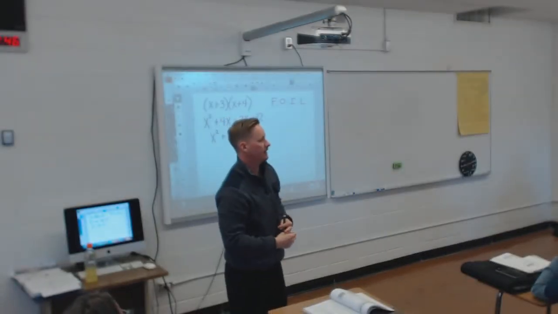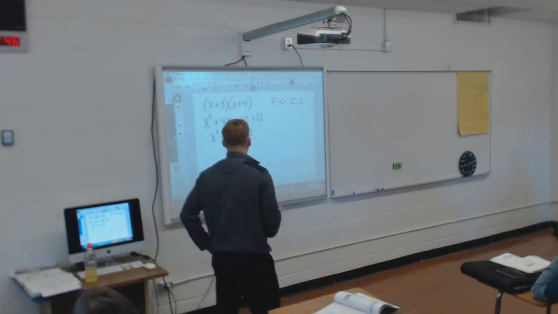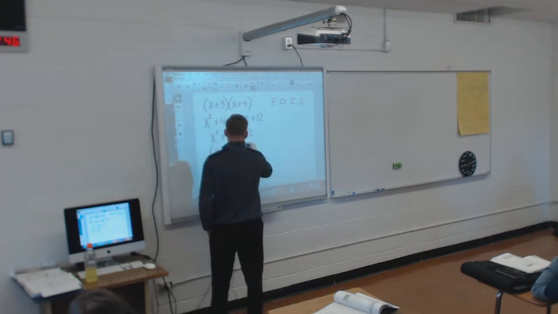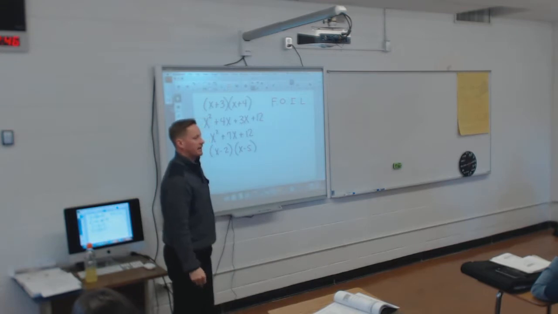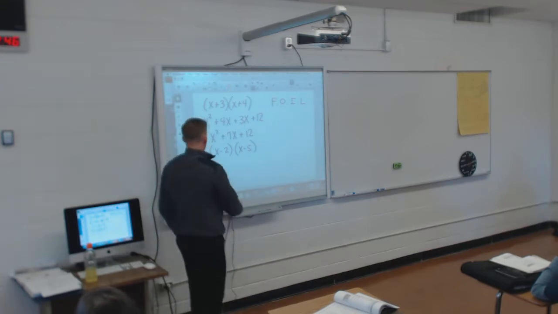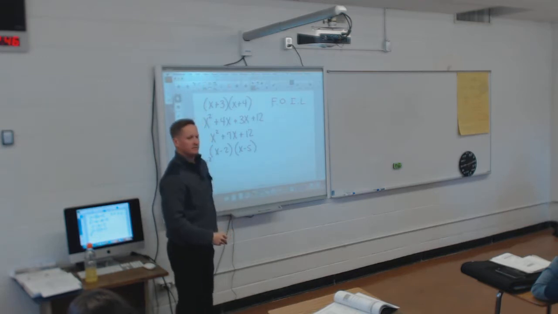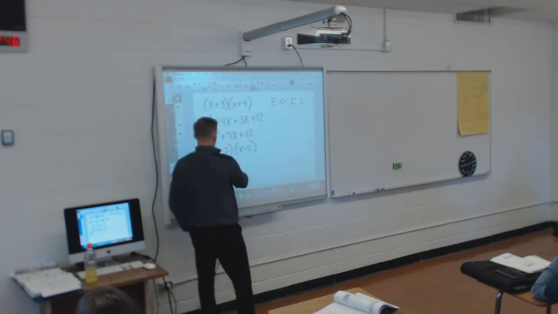Okay? We've done this before? Yeah? Alright, let's try a couple more. First in each bracket, x times x, x squared. Outside, x times negative 5, so negative 5x.